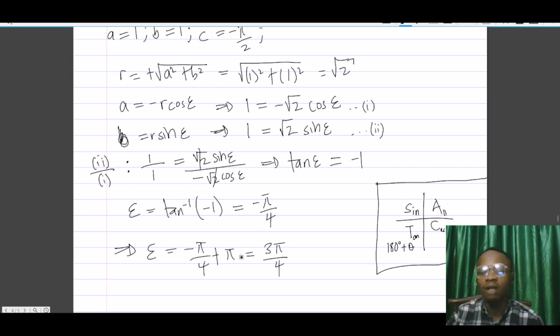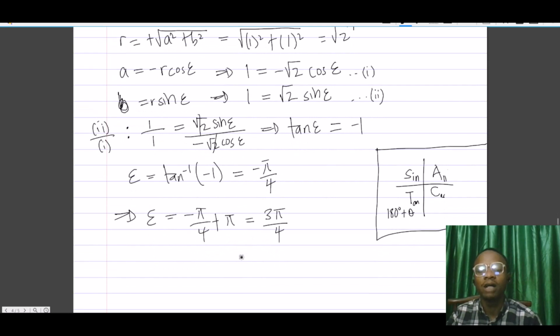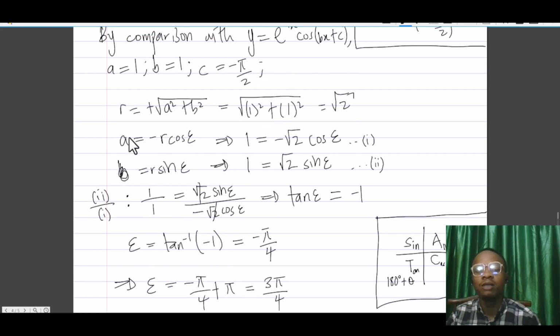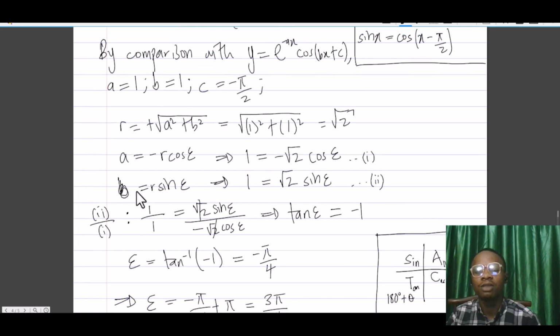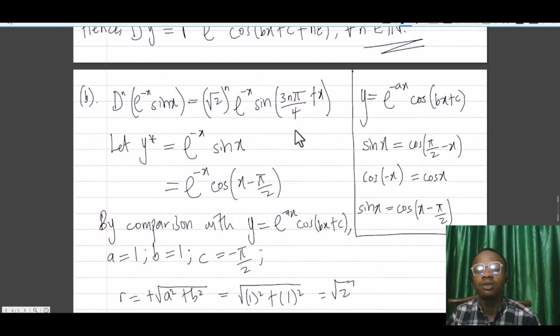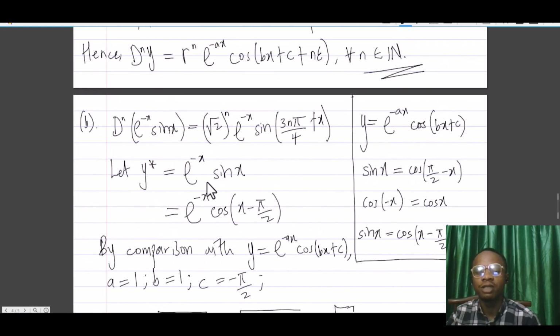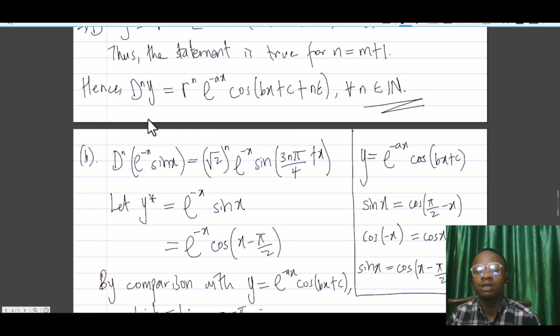We can now use our formula. We know A, we know B, we know C, we know R, and we know epsilon. So we have all the entities that we need to write out the derivative of this function using this formula.